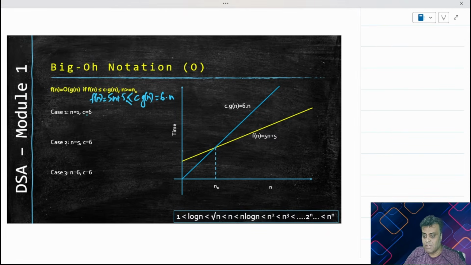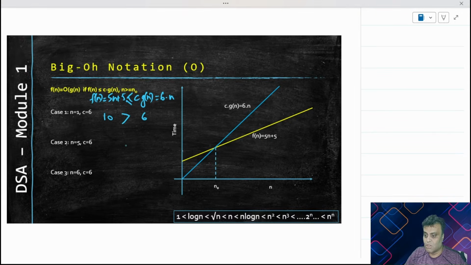So what will happen here? Case 1: n equal to 1, c equal to 6, then 5n plus 5 becomes 5 plus 5, which is equal to 10. And on the Cgn side this is 6, and Fn is greater. But I have to prove some value of n where it will be less.